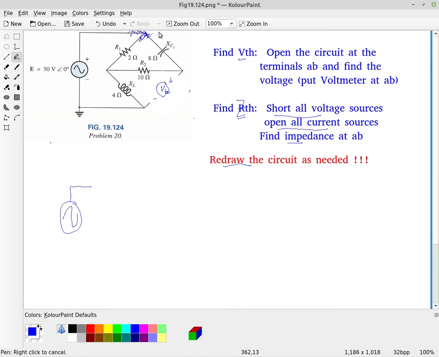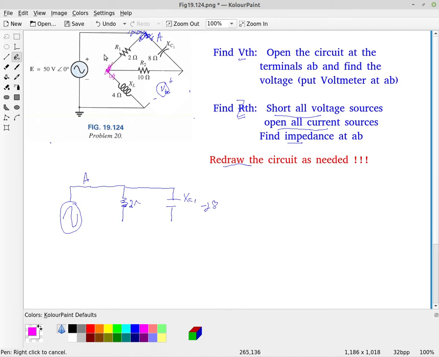So we're going to come up here and mark this as node A. At node A we have R1, which is 2 ohms, and that is in parallel with X of C1, which is minus j8 ohms. Remember, it's a capacitor. Changing colors also helps if you have it available.